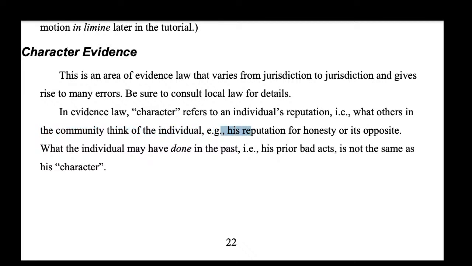Example given here is his reputation for honesty, or its opposite. What that individual may have done in the past, example, his prior bad acts, is not the same as his character. Character refers to reputation of an individual. That's what people of the community think, not bad prior acts.